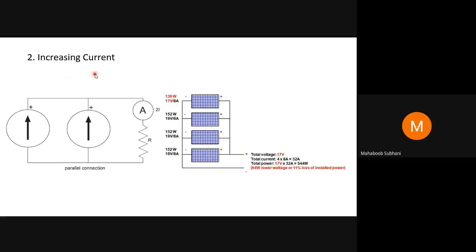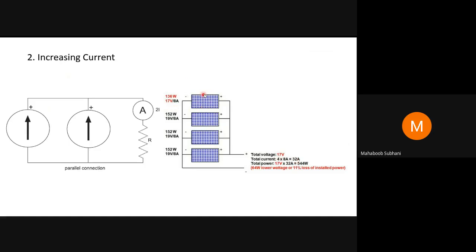Now, how to increase the current? Here, all the negative terminals of all the cells are connected to a single line, and all the positive terminals of the cells are connected to a single line. The total voltage obtained is 17 volts, but the total current obtained is 32 ampere.